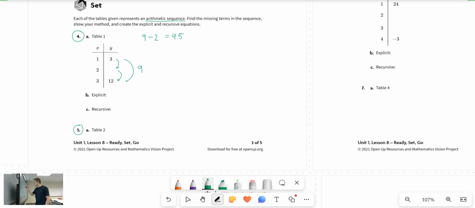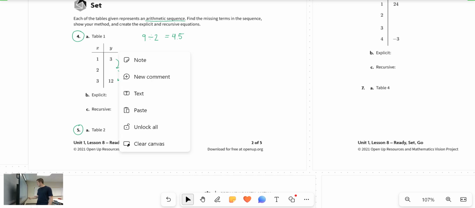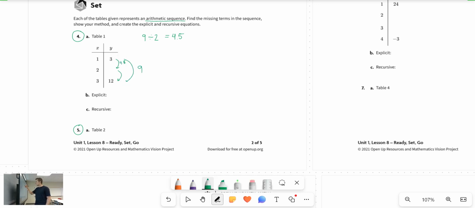If we jump up 4.5 from 3, we're going to end up at 7.5. And then if we jump up 4.5 from there, we will end up at 12, so that works.